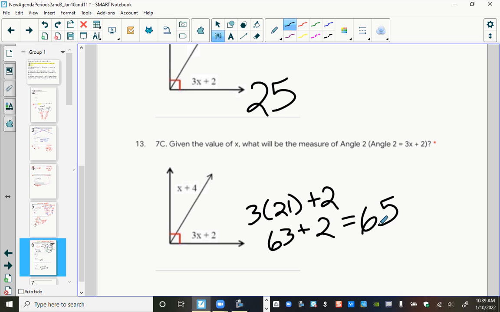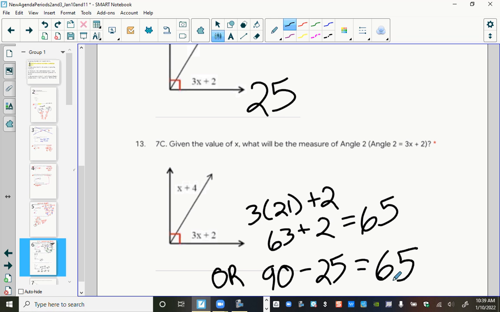Now, the other way you could have done it: if the total has to be 90, and we started with 25, another way was 90 minus 25, which is 65.